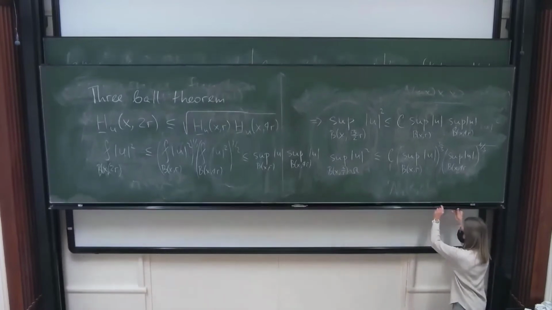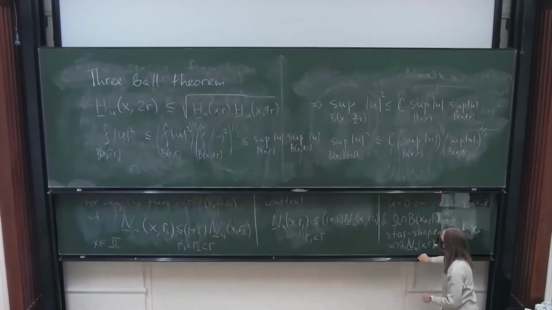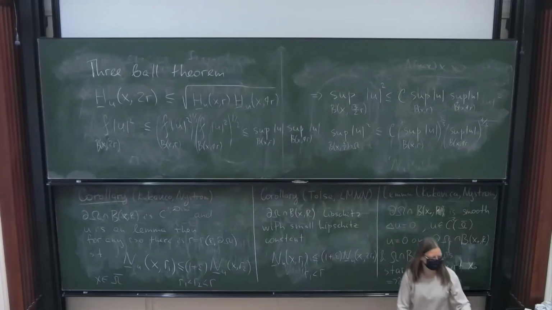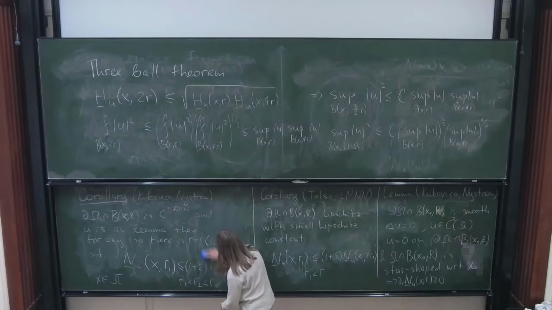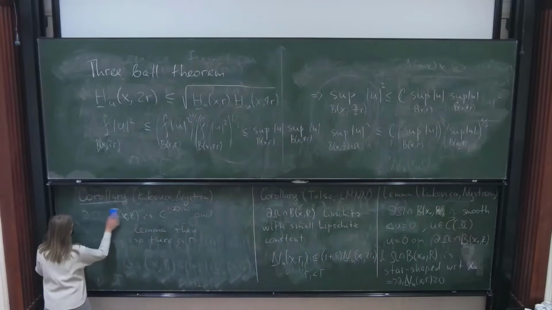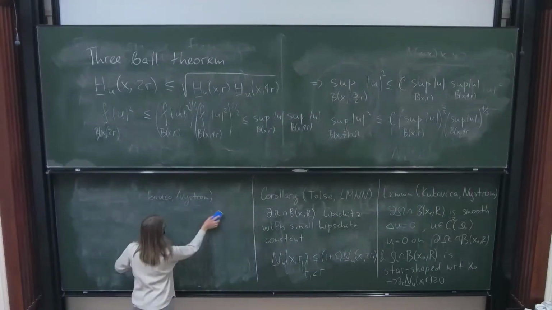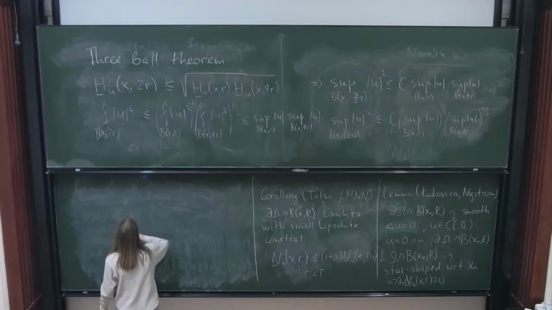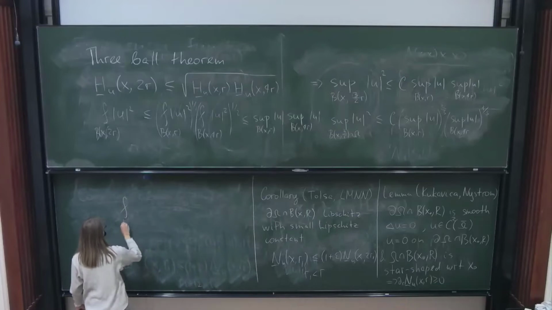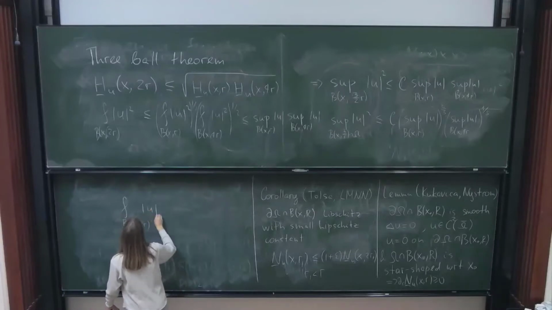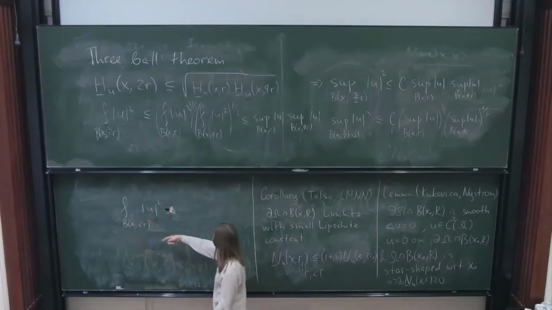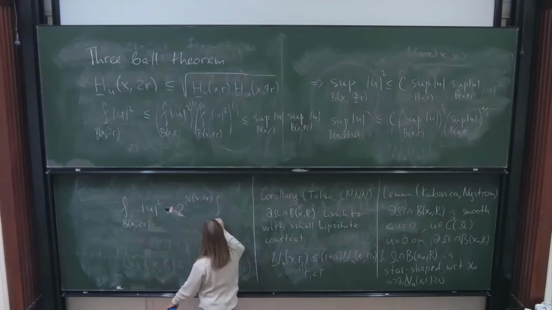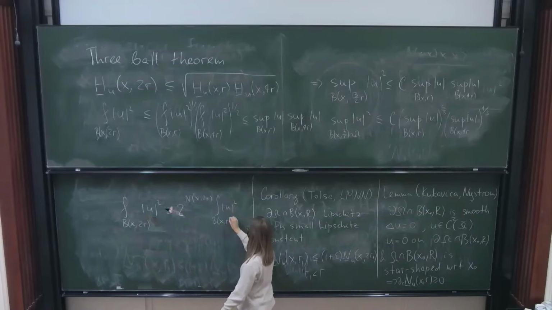I want to finish with one remark. The inequality that we got when we integrated our frequency function was like that: the average over the ball of radius r, squared, is bounded by the ratio of the radii, that is 2 in my case, to the frequency power.